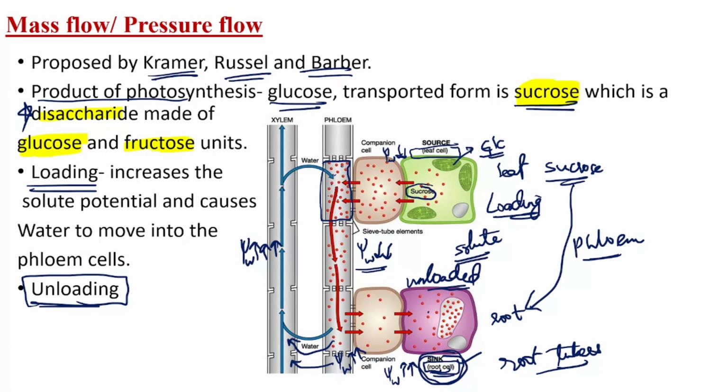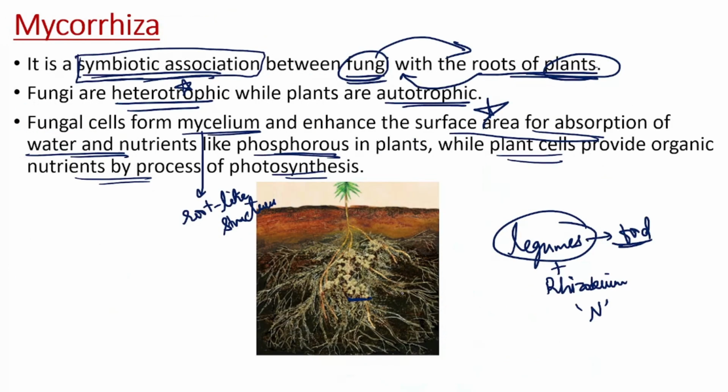Because there is lower solute potential in the phloem, water moves from xylem to phloem, and this causes the pressure for the solute molecules to move towards the sink. Then loading, unloading, and mycorrhiza, the symbiotic association between fungi and roots of plants. Thank you.